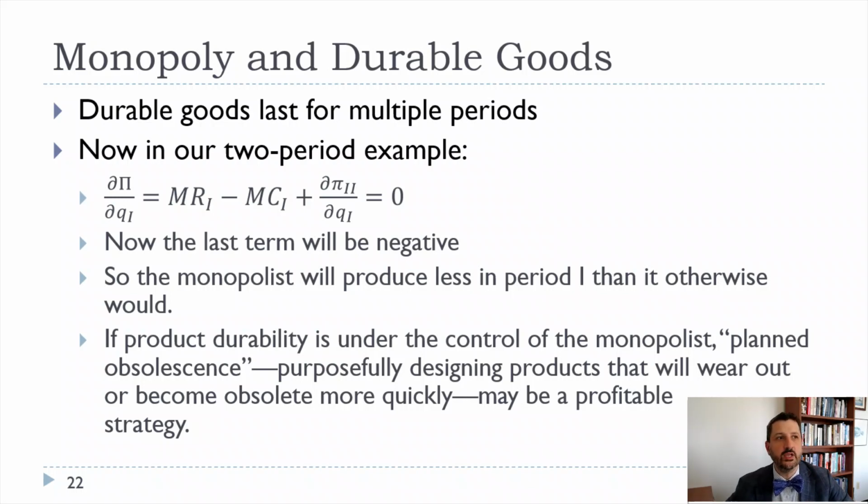And I think we can use this type of model to explain some of the things that we see where firms try to get people to buy every year or every other year when they perhaps don't need to, right? So it could be something like planned obsolescence, where products just don't last as long as they could. But it could also just be a marketing strategy where every year something is new and you've got to have it, right?